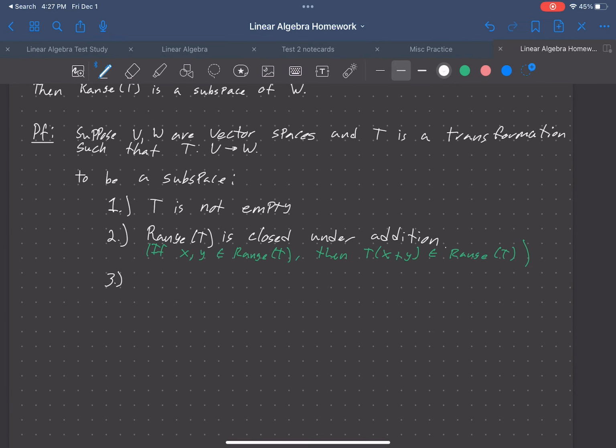For property 3, the range of T must be closed under scalar multiplication.